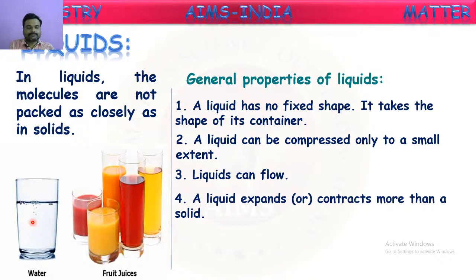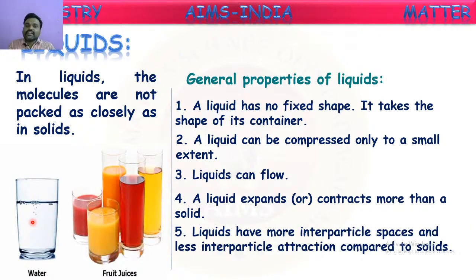Next property, liquids have more interparticular spaces and less interparticular attractions when compared to solids. We said already that the interparticular space means the distance or the space existing between two adjacent particles in a matter. Chemically, it is said to be intermolecular space in the matter.